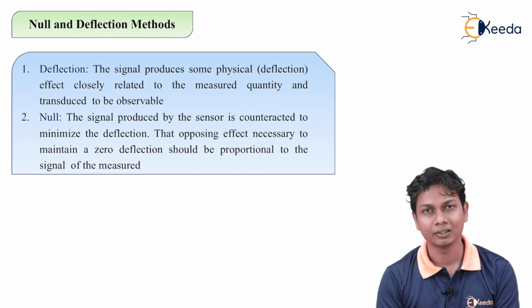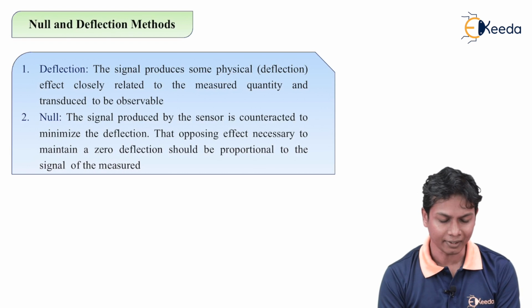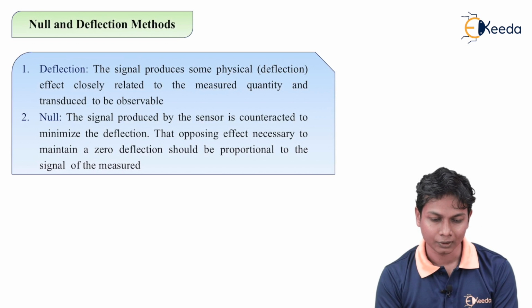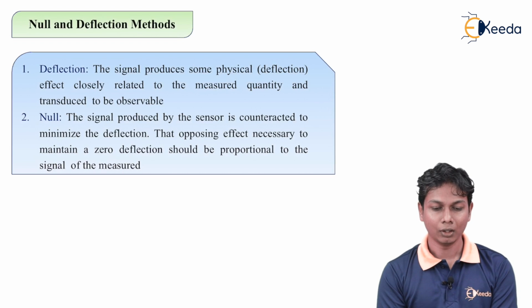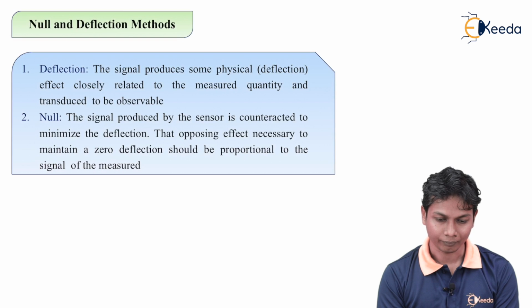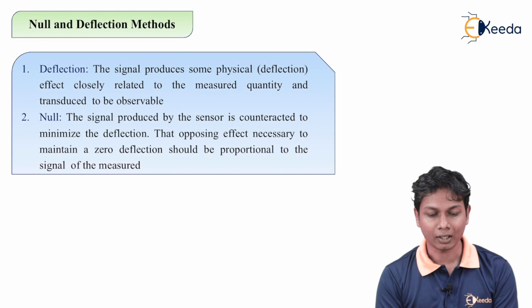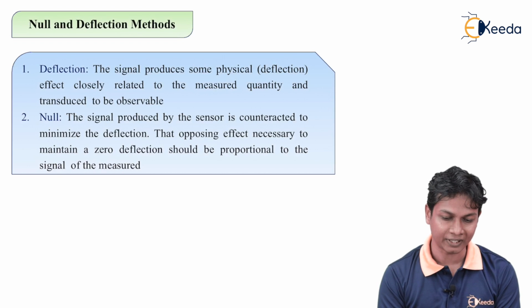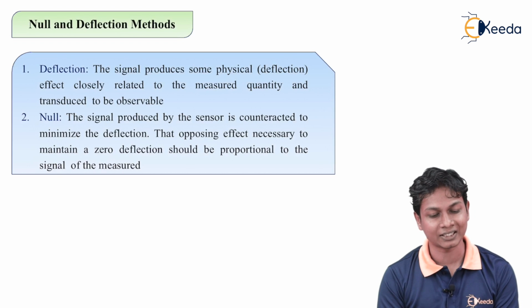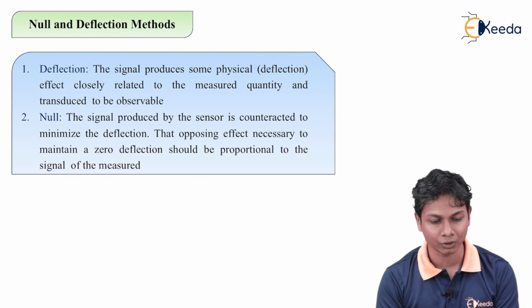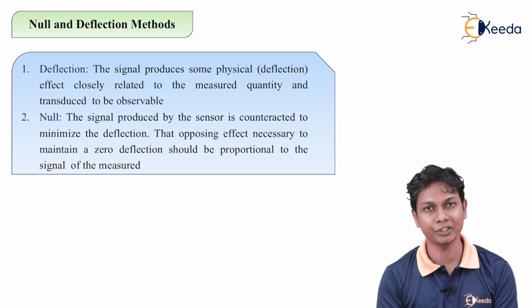The second part is the null method. What is that? The signal produced by the sensor is counteracted to minimize the deflection, opposing the effect. The effort necessary to maintain zero deflection should be proportional to the signal being measured.